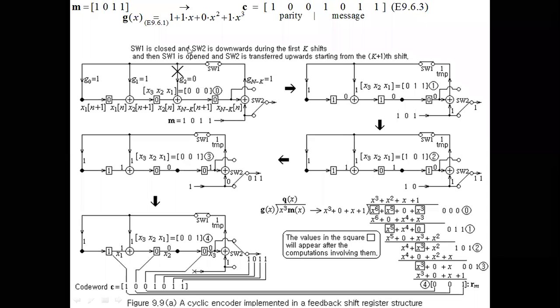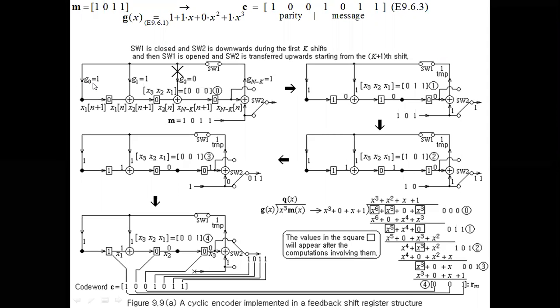So in the given g of x, the x0 coefficient is 1 because g0 is equal to 1. In the given g of x, the x coefficient is 1 because g1 is equal to 1. The x2 value is 0 because g2 is equal to 0, and x3 is 1 because g3 is also 1. g3 means the g of n minus k value.